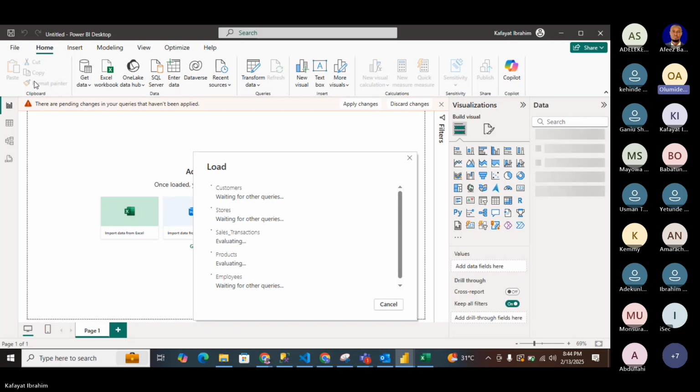Sorry, while it is loading, I want to ask a question. The raw data you are working with, they are in form of sheet, not in form of table. The one sent to us. Yeah, there's table there, there's sheet there. I'm only seeing the table, because it's in table format.